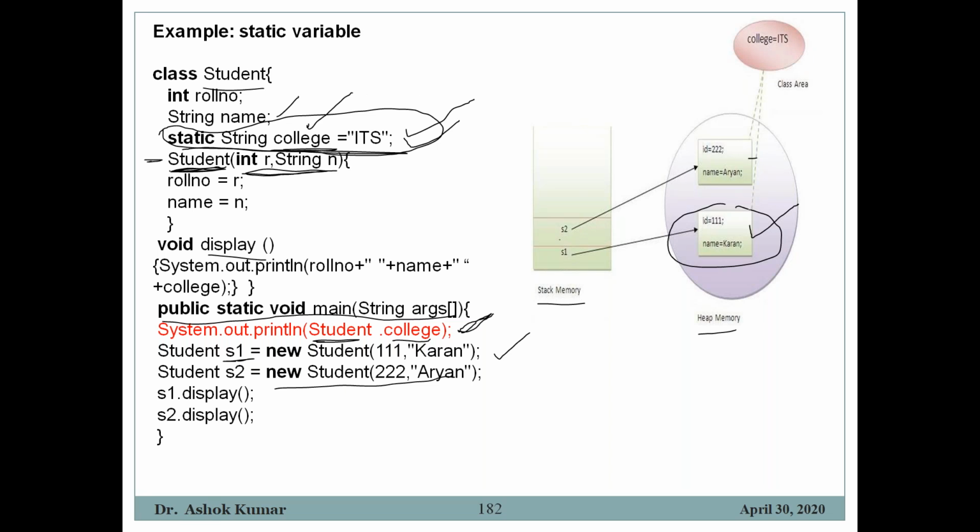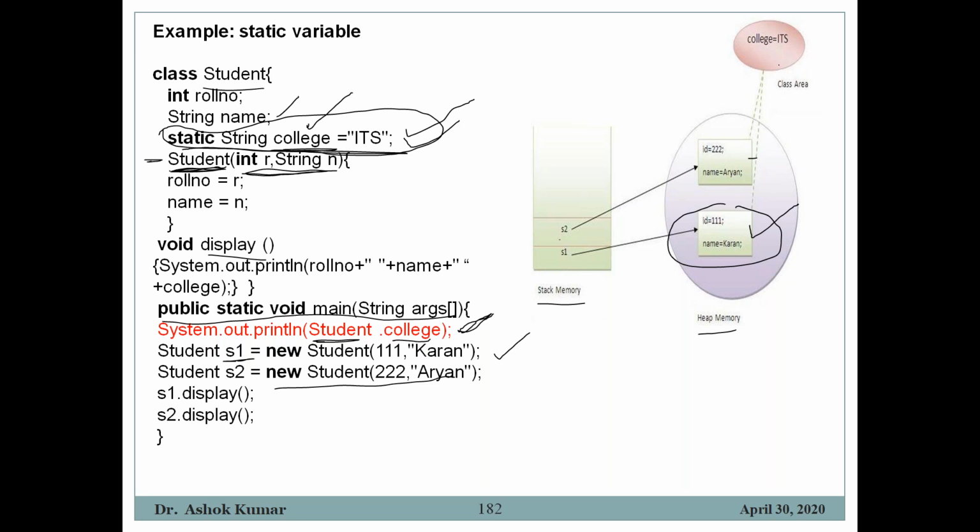both these objects share the class area. In the class area, we have one class variable, college. Another important point in this case is that the class variable is shared among all the objects. There are two objects, s1 and s2, and they will share this college variable. For s1, the college is ITS, and for s2, the college is ITS.